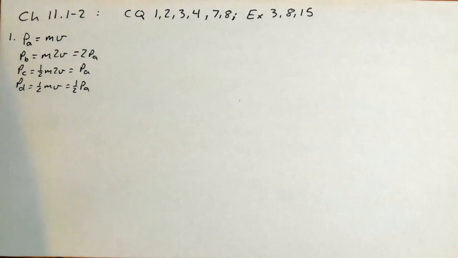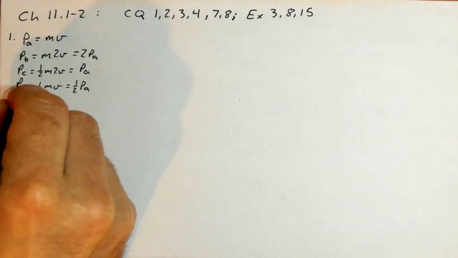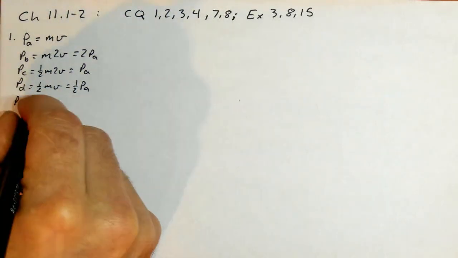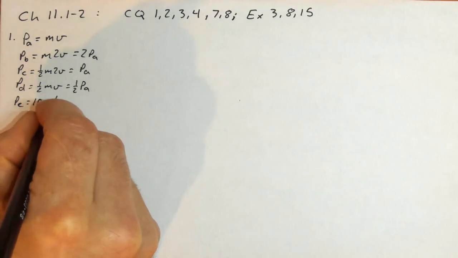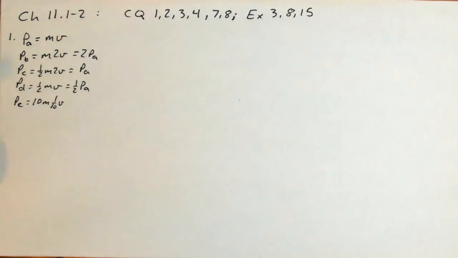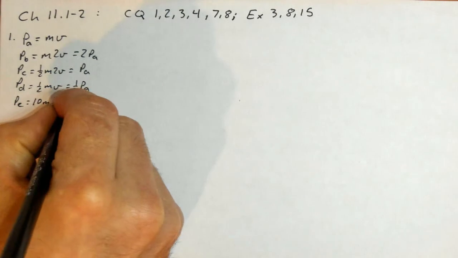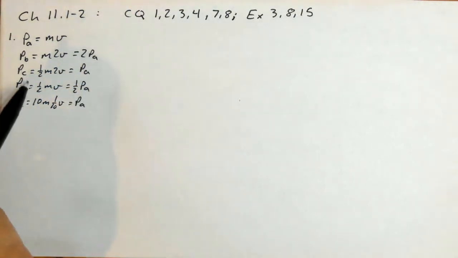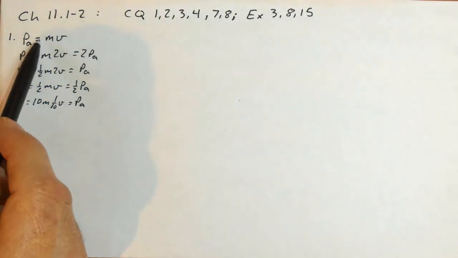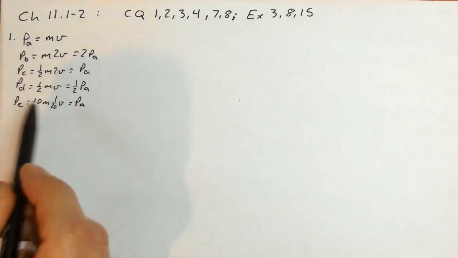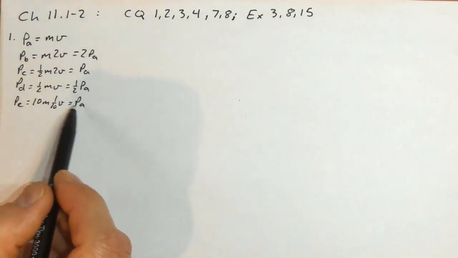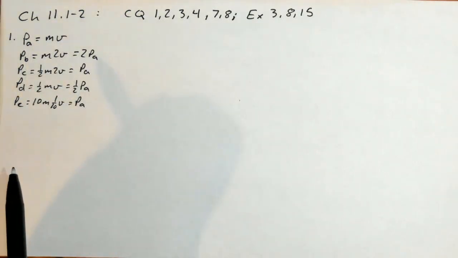And then what about E? It is 10 times the mass and 1/10 the velocity of A, which means that's the same thing as A. So here we have an example of a small thing moving at a decent speed and a huge thing moving at a slow speed having the same momentum.